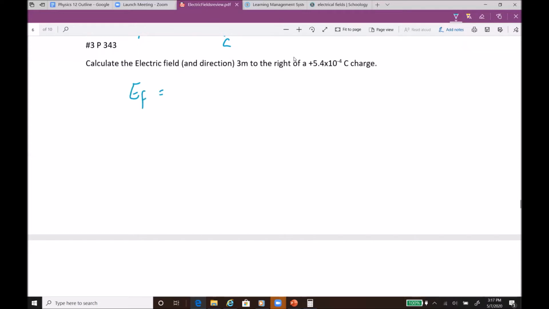if you remember, there's another way we can get the electric field. We can calculate it as K, Q source. Wait, hold on a second. I think, is this the right question? Let me just double check something here.